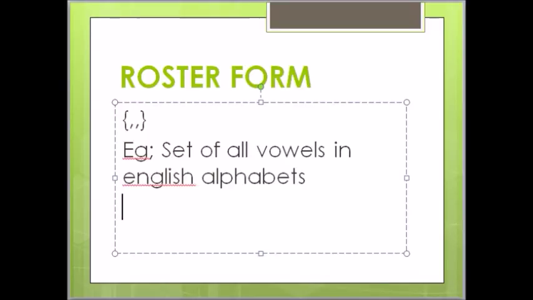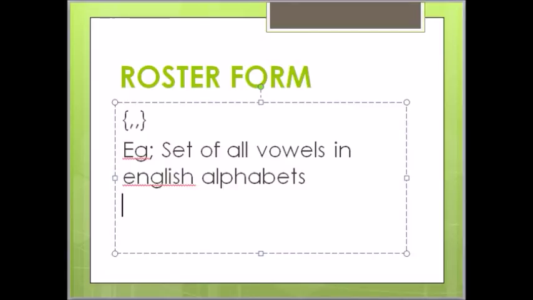If I have to write, for instance, the set of all vowels in English alphabet, then how will I represent the set in roster form?